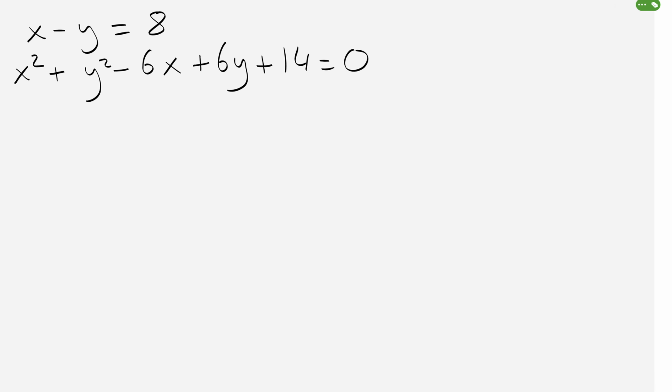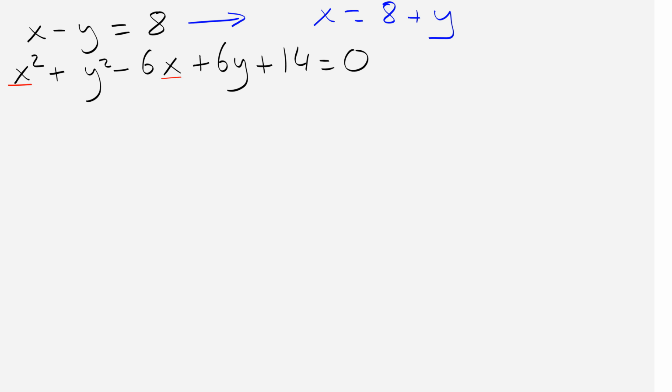Right. So, same idea again. Let's start off with the linear equation and rearrange it. So in this case, I'm going to say x is equal to 8 plus y. And then, anywhere I see an x, like here and here, I'm going to substitute in my 8 plus y for my x.